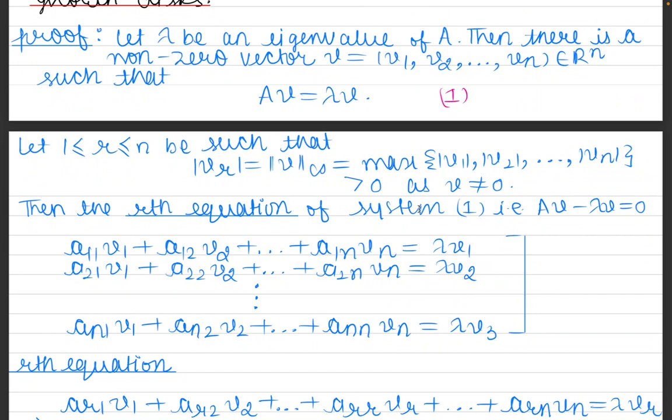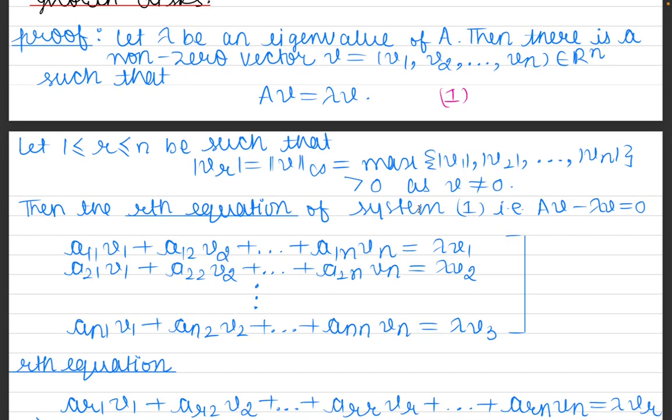So let lambda be an eigenvalue of A. Then by definition there is a non-zero vector v in R^n such that Av equals lambda v.